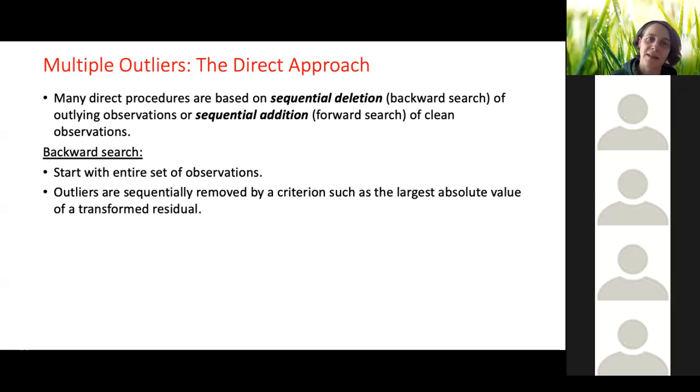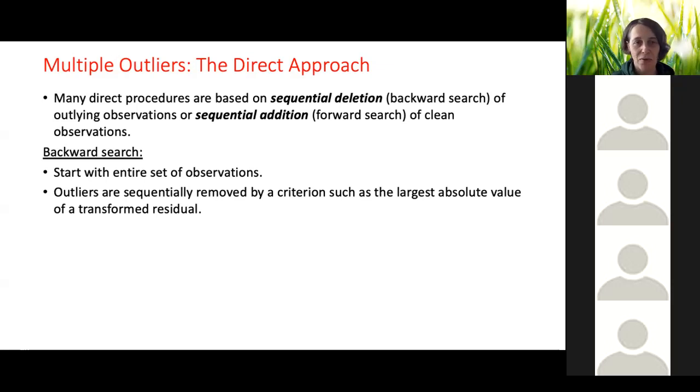And then there's the reverse approach that is called forward search, where we start with a subset of our original data set that we assume is clean. And then we are sequentially adding cases based on certain criteria.